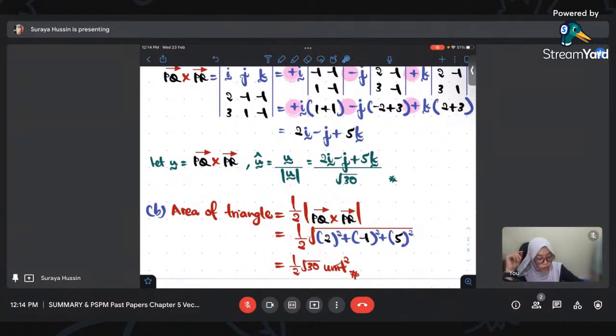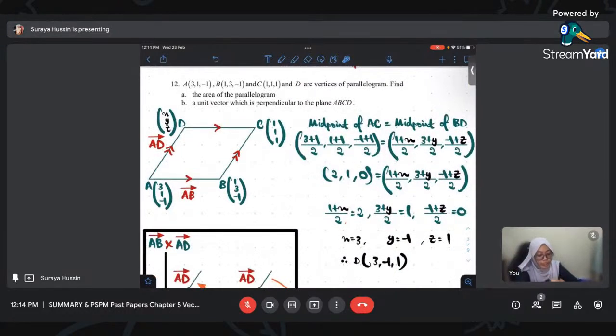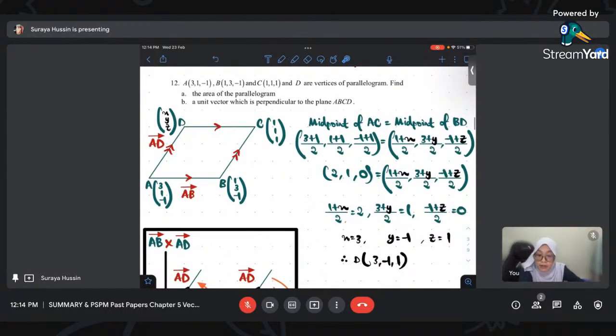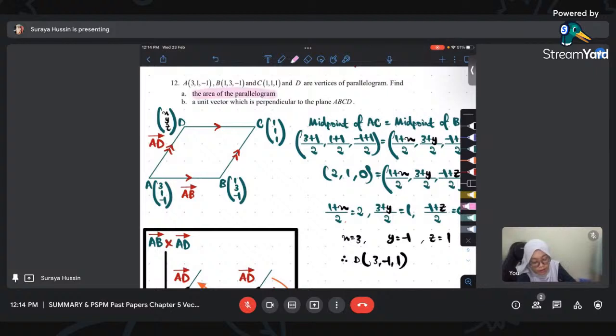Okay, now let's go to question 12. Question 12 ni lebih kurang sama, cumanya dia mencari area of parallelogram.